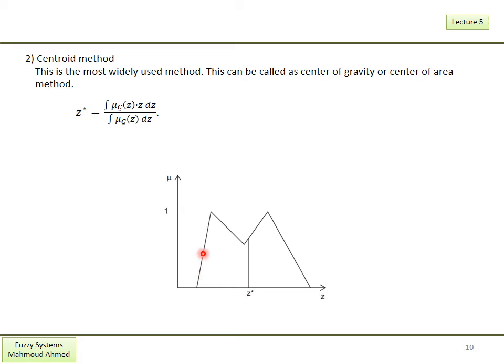If this membership function is not described with a straight line, we also have to get the equation describing this function. So again, for the centroid method, we simply calculate the defuzzified value z star by calculating the integration of the membership function multiplied by z, and divide it by the integration of the membership function.